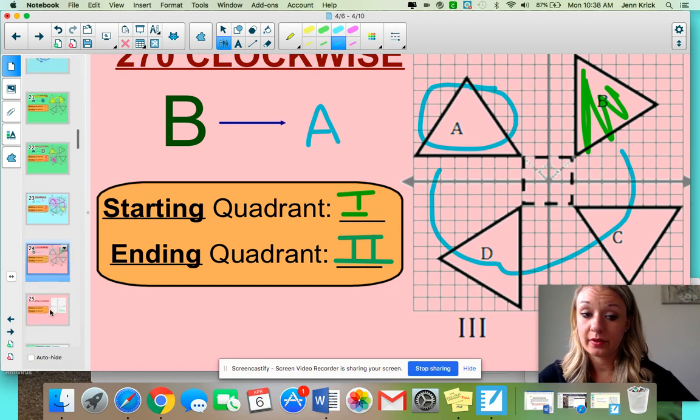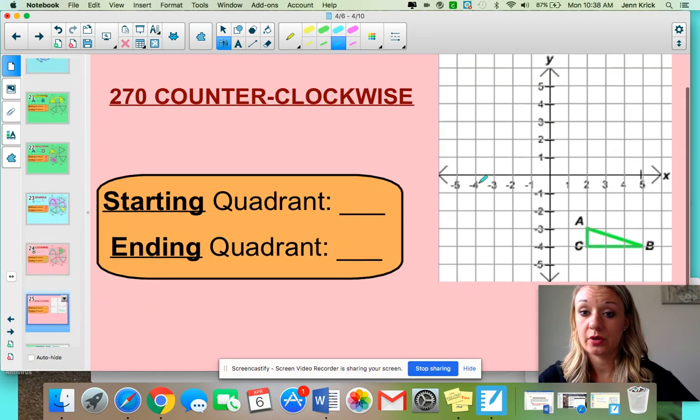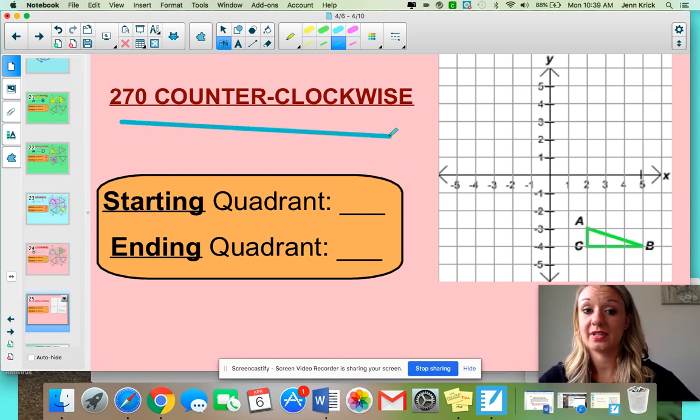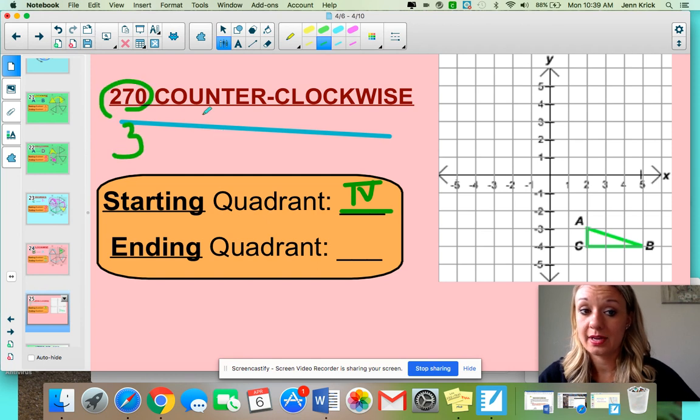Your assignment will have things that look like this too. So if I've got a triangle like ABC, and I want you to rotate 270 counterclockwise, first of all, I know that I'm starting in quadrant 1, 2, 3, 4. So I'm starting in quadrant 4. And I'm asking you to go 270, which is 3 turns, counterclockwise, which is the opposite direction.